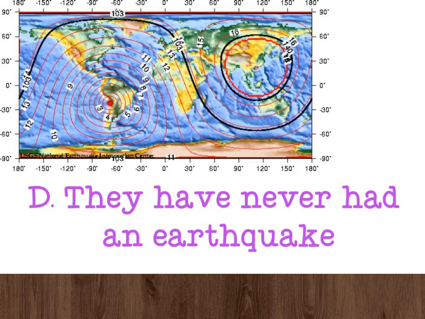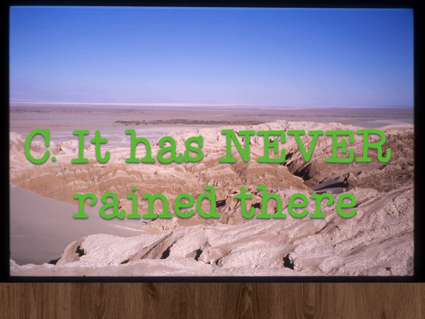And raise your hand if you think they have never had an earthquake. And the correct answer is C. It's never rained there. Go ahead and do the rest on your own. That math pages. You are so smart. I know you can do it.